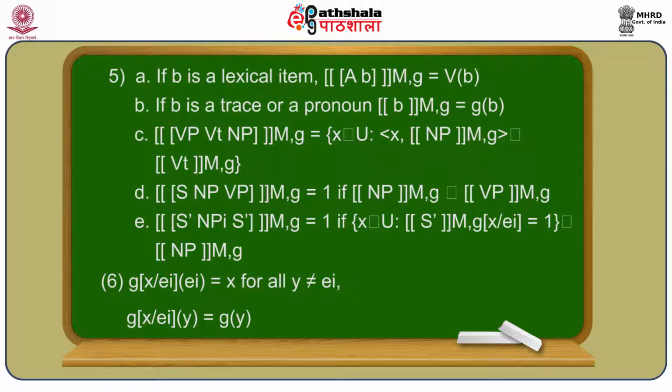If I have a noun phrase that has been moved at logical form, bearing the index i, then NP_i S-bar, when dominated by another S-bar, is true if and only if the set of all x's such that the semantic value of S-bar evaluated relative to M and something that we call a modified assignment function, which I will explain in a second, g(x/t_i), equals 1, we form this set, is a member of the semantic value of the noun phrase with respect to M and g.